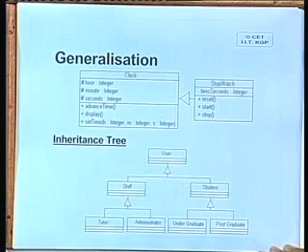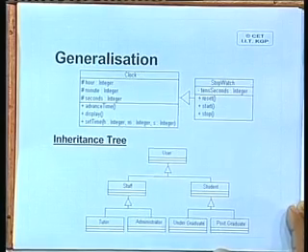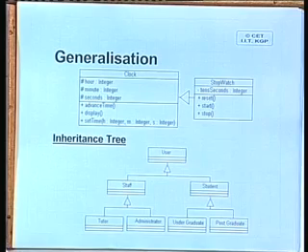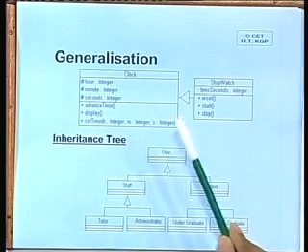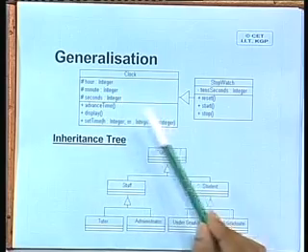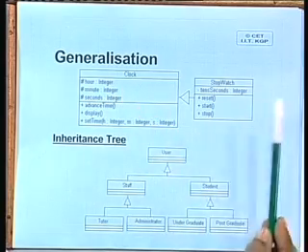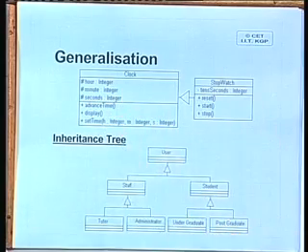So here is an example of a generalization. The example shows the relationship between a clock and a stopwatch. The clock has, let us say, 3 attributes: hour, minute and second. And the clock can have 3 behaviors, or operations defined in the class.